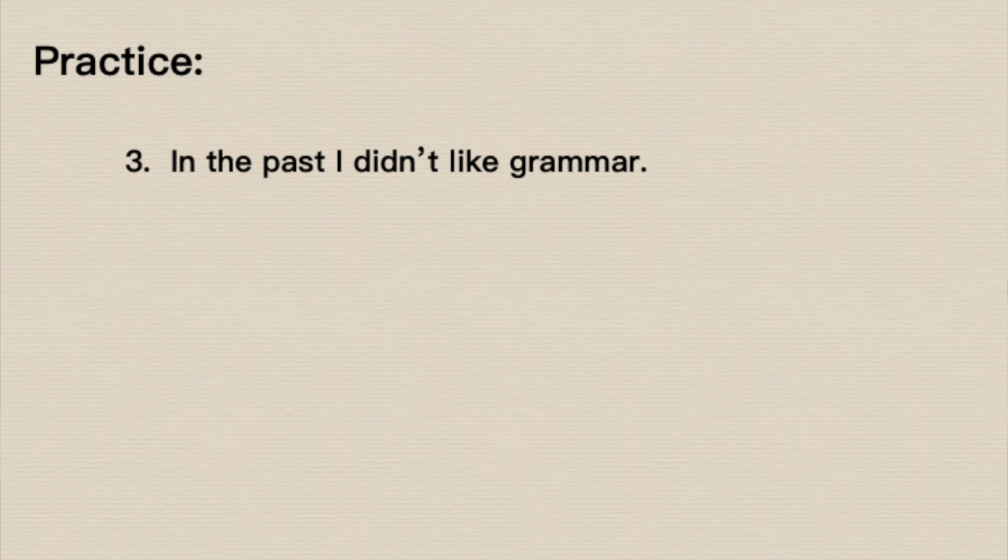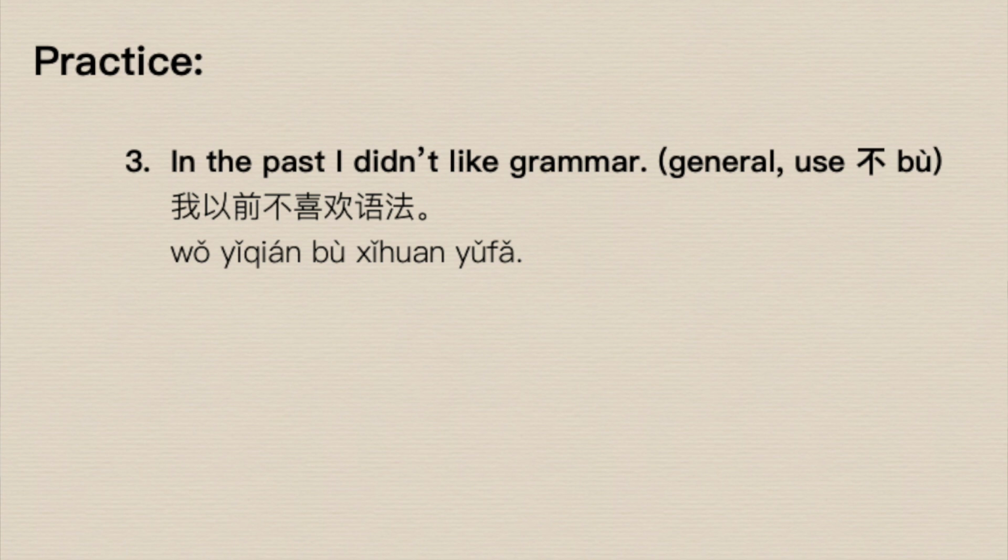We are talking about the past. However, we aren't talking about a specific occurrence. We are not talking about a specific event. We're saying in general, in the past, during this time period, I did not like grammar. So what should we use here? If you said 不, you are correct.